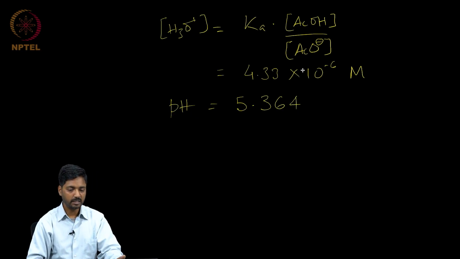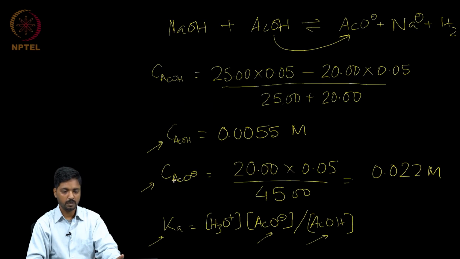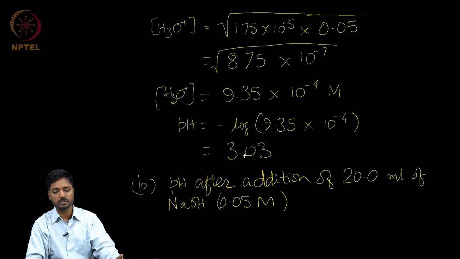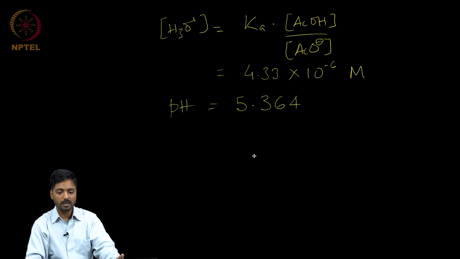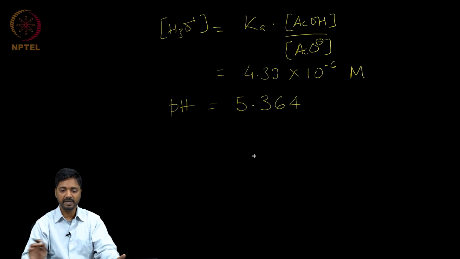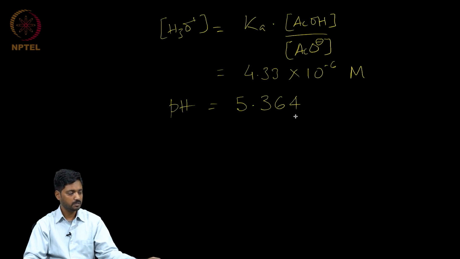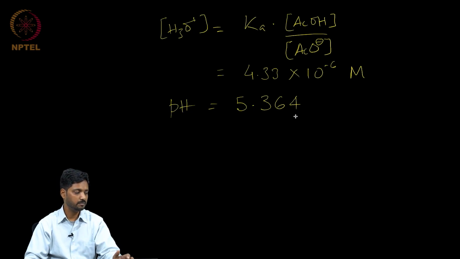So, at the beginning of titration the pH was 3.0203, and even after incomplete addition of sodium hydroxide, the pH has already increased to 5.36364. Now, let us see what happens as we keep adding sodium hydroxide into this medium.